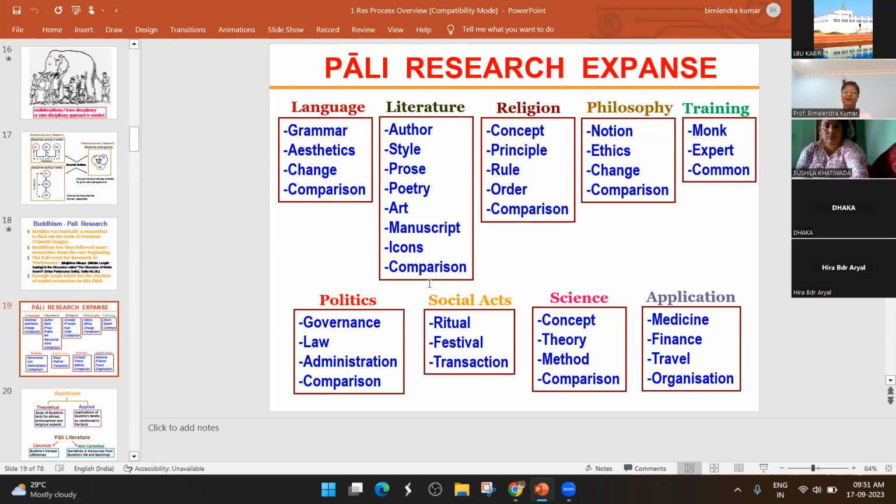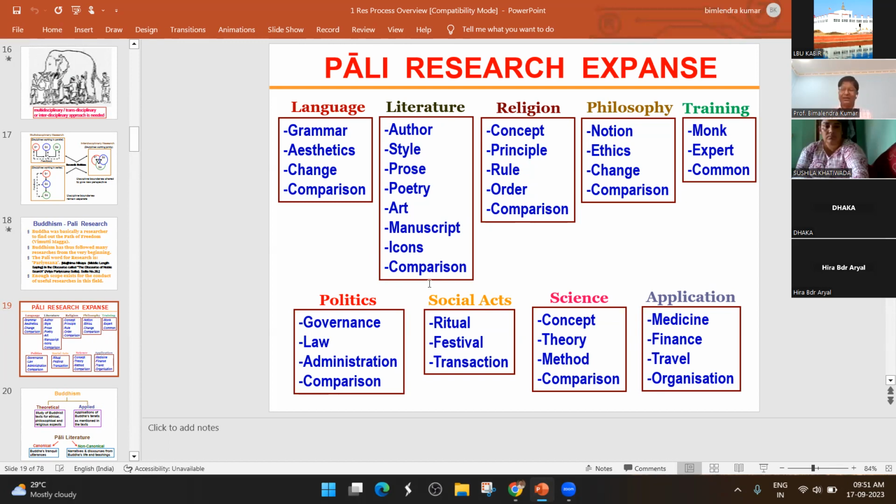Whenever we talk about the Pali language, there are many aspects related to grammar: Kachchayana Vyakarana, Moggallana Vyakarana, Saddaniti Vyakarana. These three are available, although two other grammars, Bodhisattva Vyakarana and Gunakara Vyakarana, exist, but these are not available.